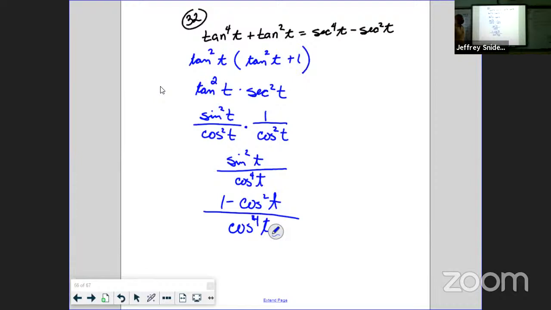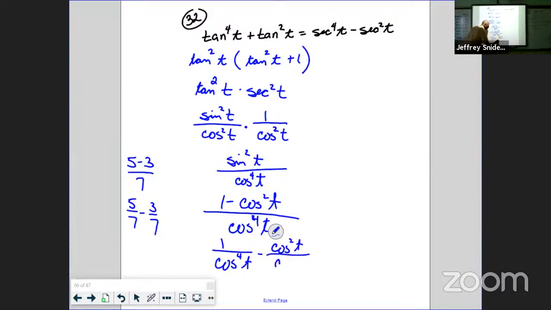Now, I'm going to split this into 2 separate fractions. So here's where this comes into play. When you see something like 5 minus 3 over 7, that is 5/7 minus 3/7. That's what that means. This is 1 over cosine to the 4th of t minus cosine squared t over cosine to the 4th of t.